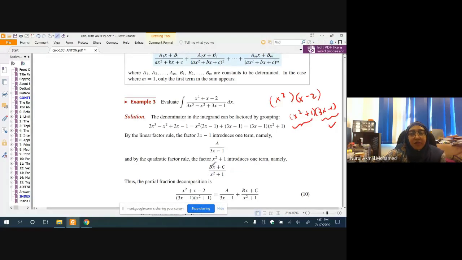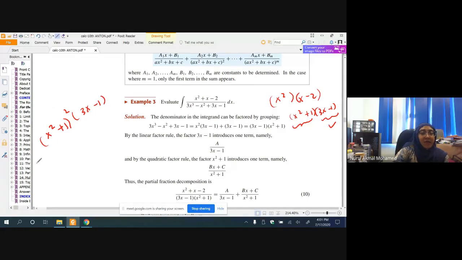So you have the coefficient bx plus c because of this x squared. So let's say you have the denominator x squared plus 1 squared multiplied with 3x minus 1.